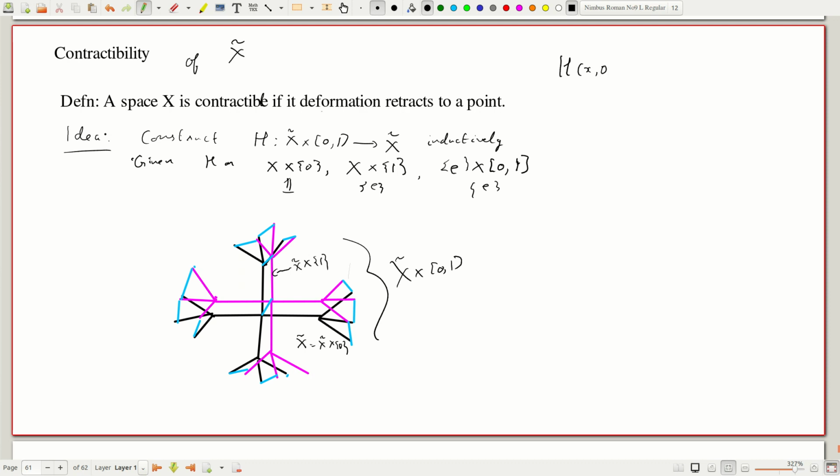H of (x, 0) is going to be x, H of (x, 1) is going to be E, both for all x in x tilde, and H of (E, t) is going to be equal to E for all t in [0,1].